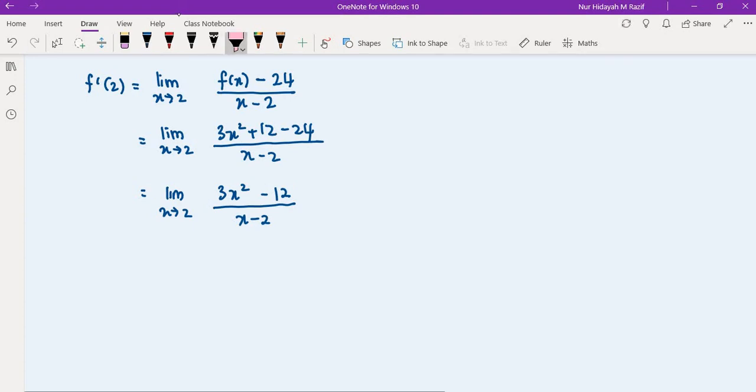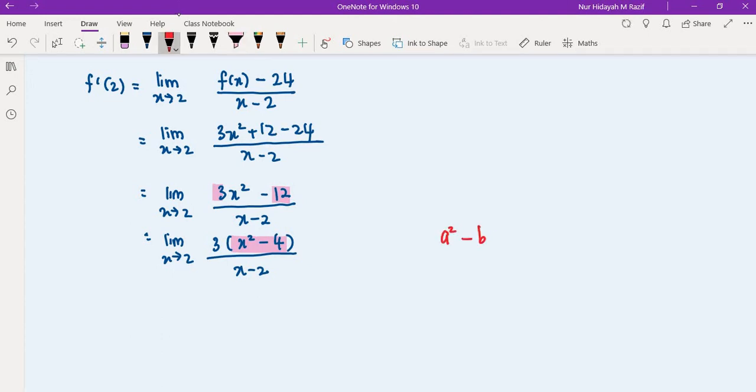If you take note here, we have a similar factor, so I can factorize 3 out. After I factorize 3, what's left inside is x squared minus 4, and we can use the formula a squared minus b squared is equal to a minus b times a plus b.